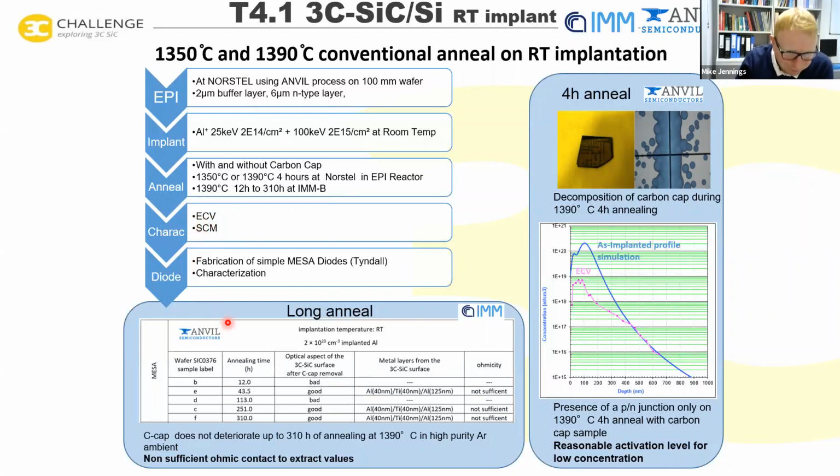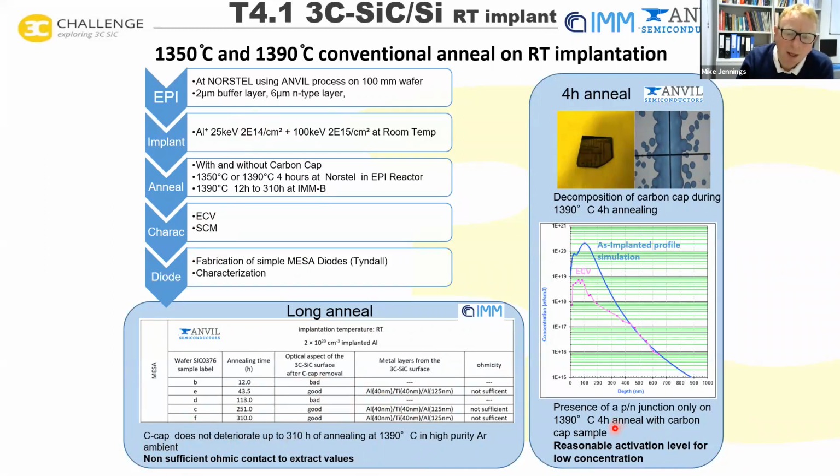What we find is that it's very difficult to characterize, because making an ohmic contact on moderately doped ion implantation concentrations is quite difficult, and because of that we found it very difficult to extract some ohmic contact values.